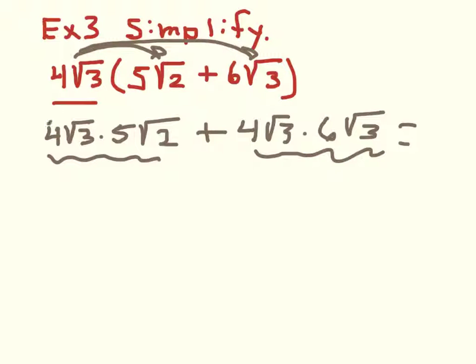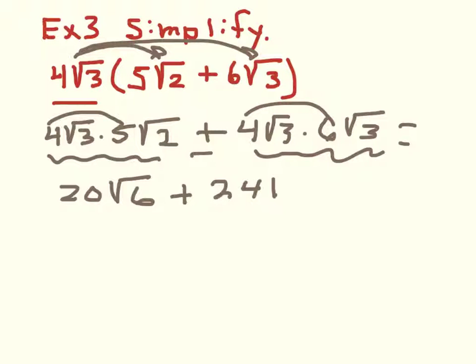In the first part, 4 times 5 is 20. What's radical 3 times radical 2? Radical 6, plus. Now 4 times 6 is 24. And now radical 3 times radical 3: multiply the numbers inside, 3 times 3 is 9. Now, can I simplify 20 radical 6? Does 6 have a perfect square factor?